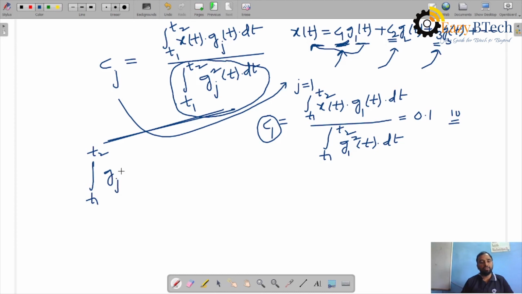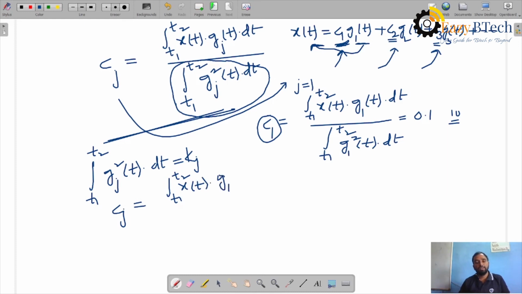Then the Cj formula is the same as before: integral t1 to t2 x of t into gj of t dt, divided by kj, right? So this is an orthogonal signal space.